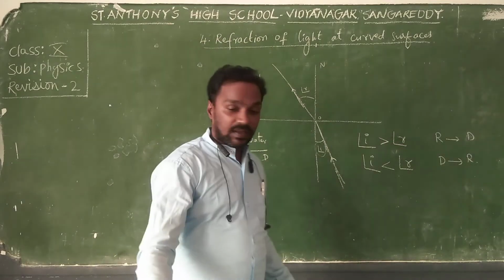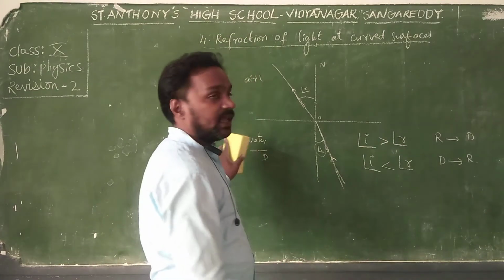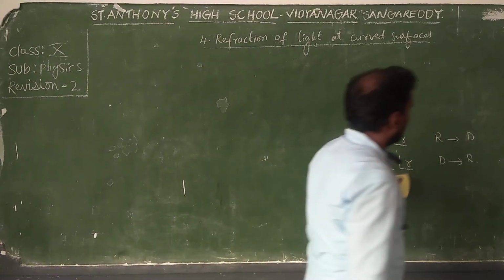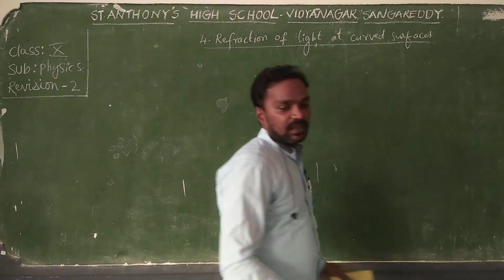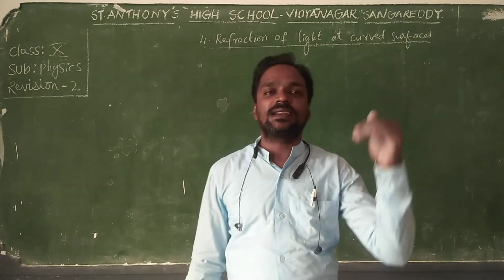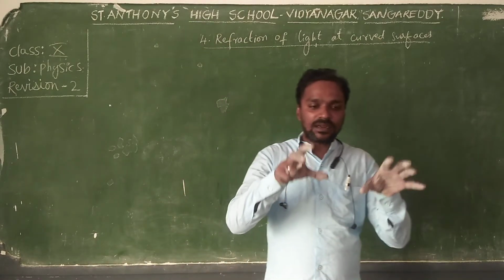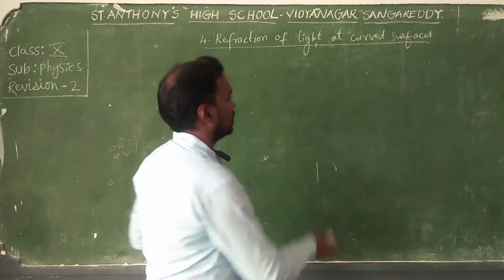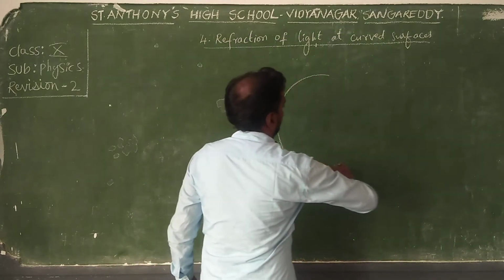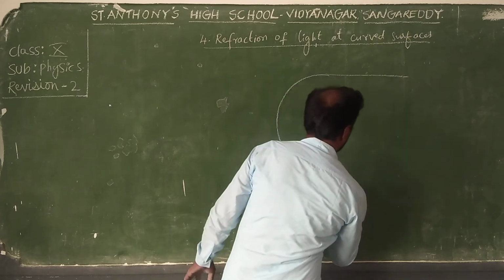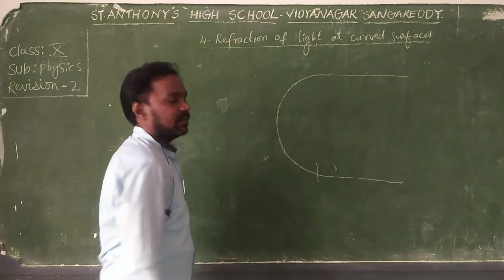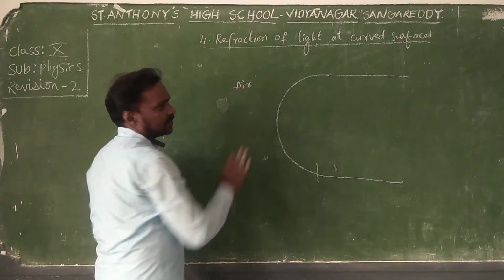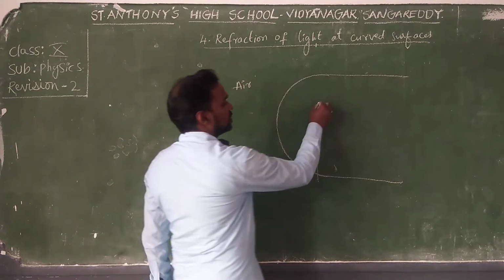In the textbook, page number 58, to make you understand, colors are given: the white part is considered the rarer medium, and the dark part is considered the denser medium. As we have less time, I will give one example. This is air, the white paper is white, no? This is air, and this is water.